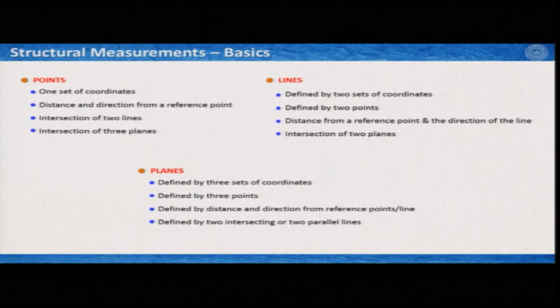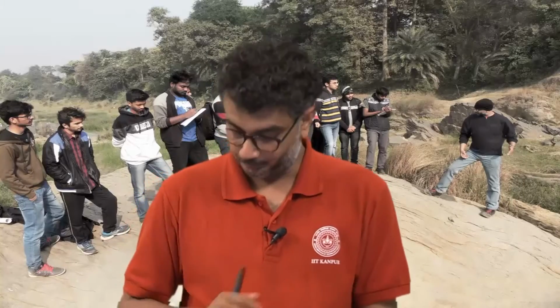So, given this background, and given the idea that most of the geological maps that we produce are in two dimensions, on a piece of paper, it is important to plot them in such a way that these three dimensional features or measurements are represented in the map in two dimensions, and this is exactly what we are going to learn now.